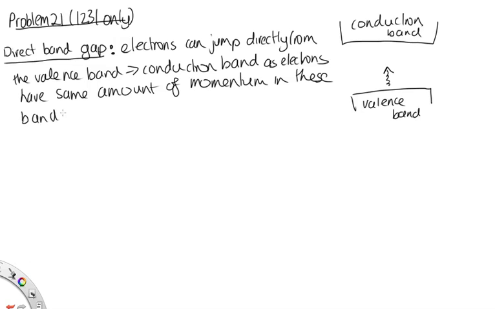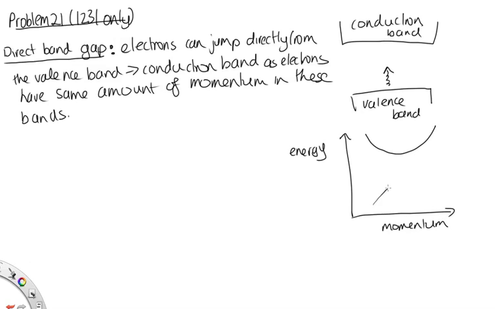So as a graph, we can represent here's our energy and here's momentum. In a direct band gap, these are lined up. Here's the conduction band and the valency band, and the electron can just go straight from the valency band to the conduction band. So this is direct.